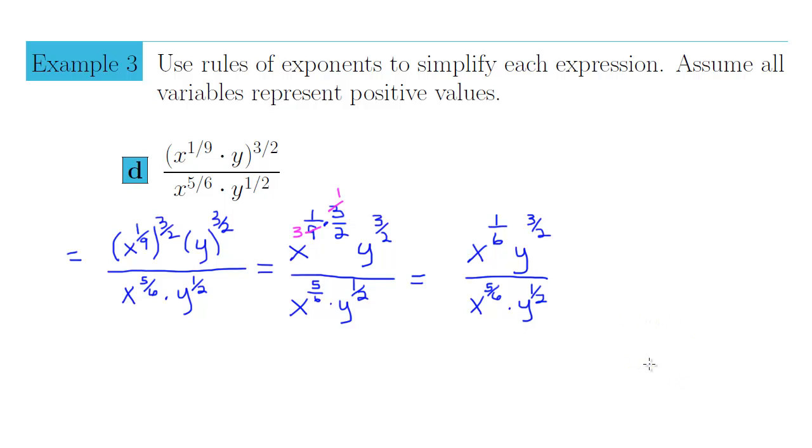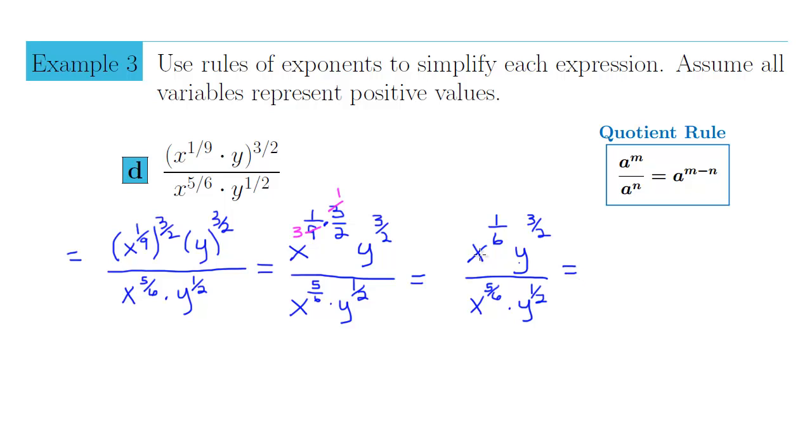And the rule we need for that is our quotient rule for exponents. The quotient rule for exponents tells us that if we have a base raised to a power divided by the same base raised to a different power, we can combine those into a single base by subtracting the exponents.